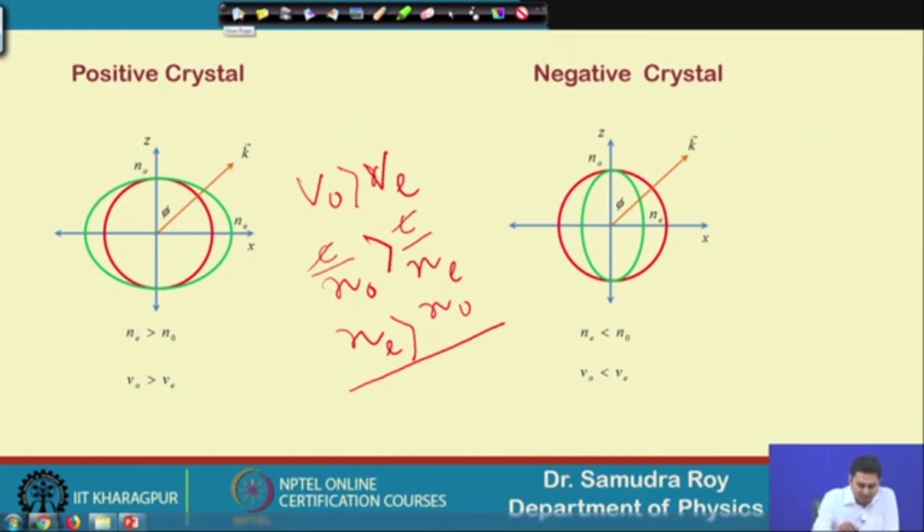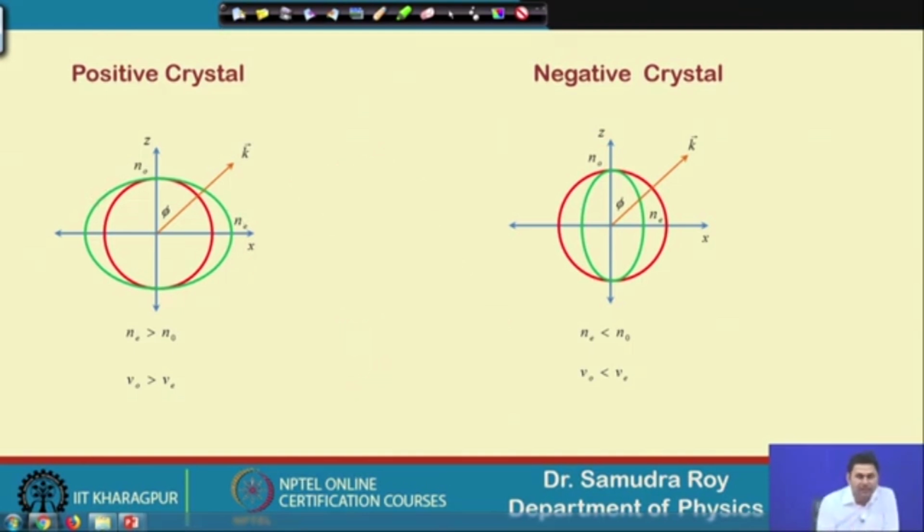So, let me remove this part. This is the figure of this positive crystal. You can see here that this green line or the green ellipse corresponds to the refractive index variation with respect to the angle phi.